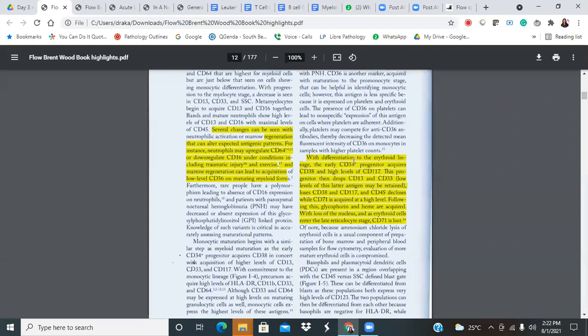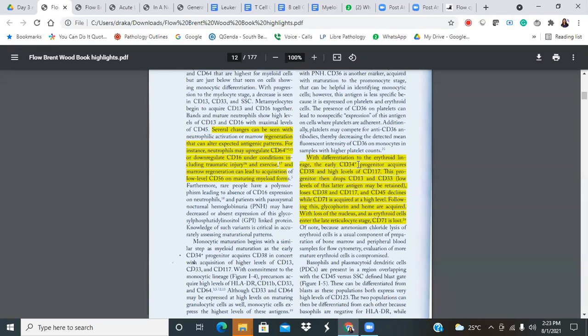But one thing you have to always remember is the early progenitor erythroid cells will also have high levels of CD117. This progenitor then drops CD13 and CD33. So now they are becoming more lineage specific, and then it loses CD38 again, and then loses CD117. And the CD45 declines, while now the CD71 is acquired.